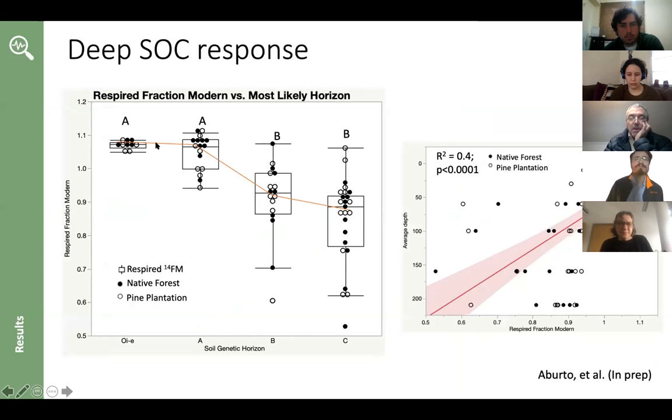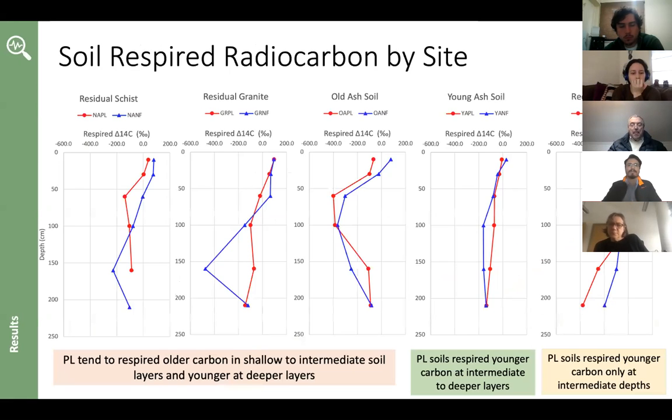This is also noticed here. There's a significant difference between the O and A horizons against the B and C horizons in the soil profile. This is also seen in the respired fraction here. There's a significant relation between the depth and the F value.